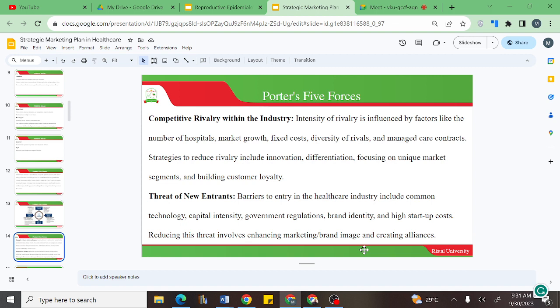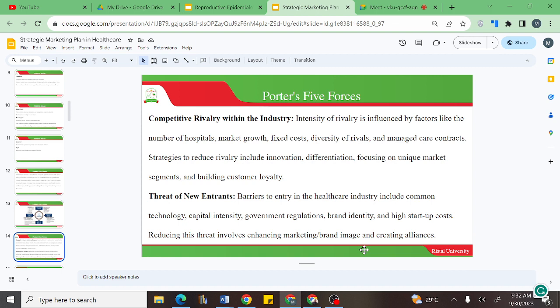Because the brand is built over time. Your brand identity is built over time. So it is very possible to have unique brands entering into the industry. But of course, the other factors also influence how new entrants can enter into the industry.